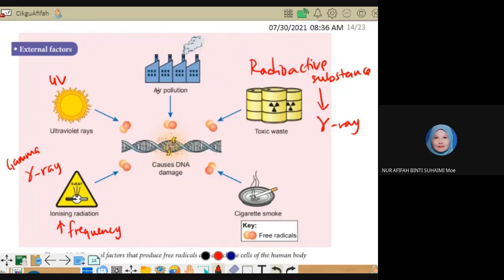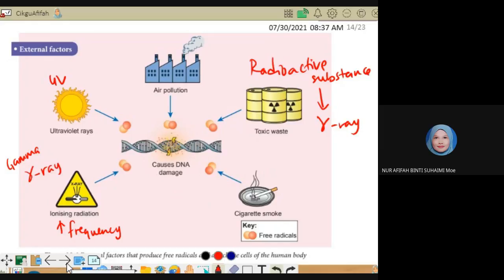Okay, and then air pollution, cigarette smoke. Cigarette smoke kita ada carbon monoxide, sulfur dioxide. So carbon, biasanya carbon lah. Carbon, kita ada carbon 14, carbon 14 that are unstable. So this carbon 14 act as a free radical that will attack our cell, our DNA.